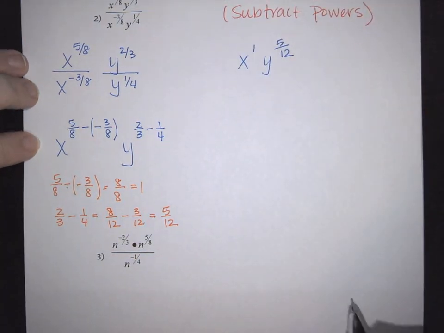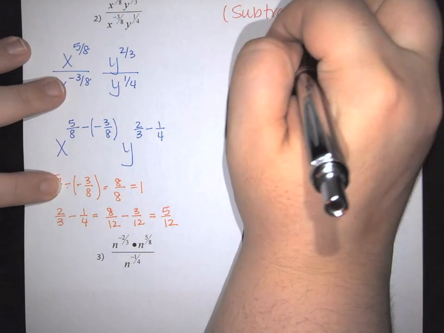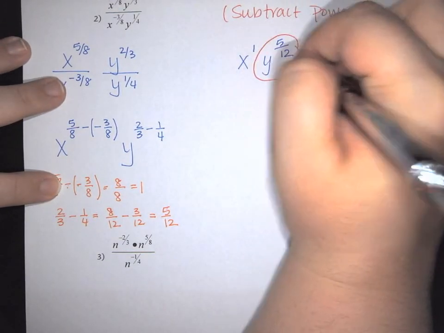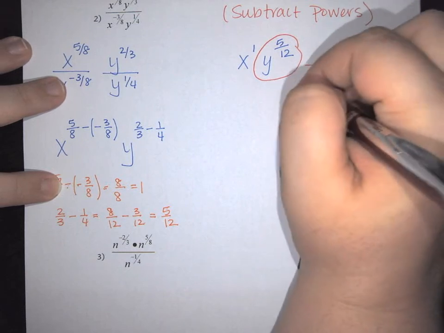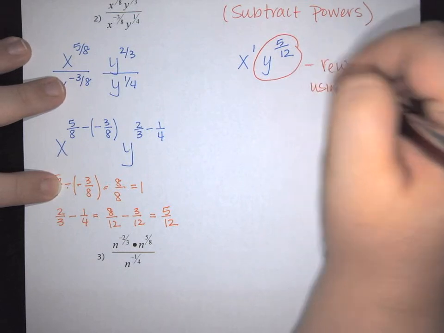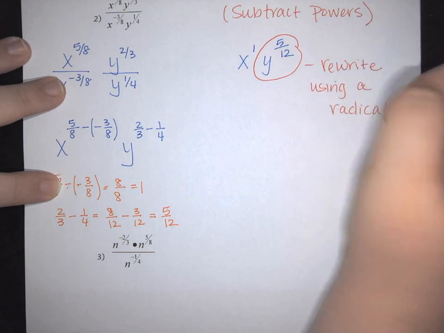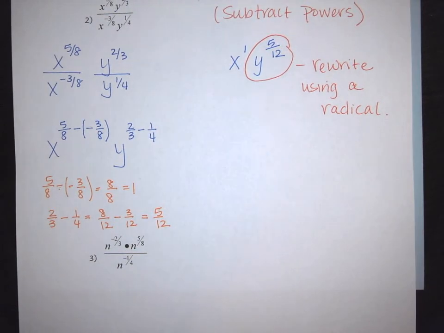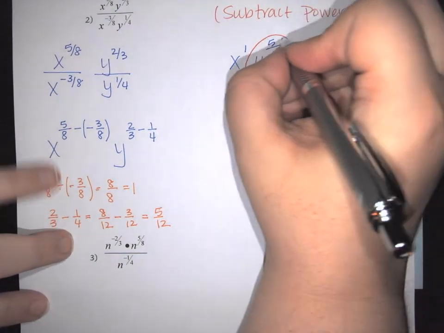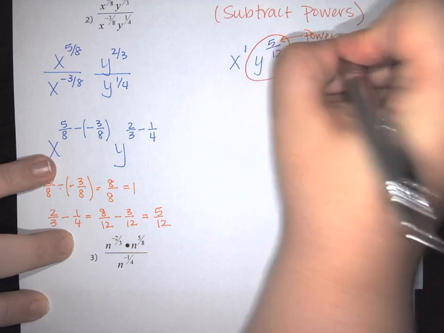Now with that, I have to use a radical, but I only have to do a radical on part of it. So this piece right here, I need to rewrite using a radical. And so here again, that means identifying the pieces. Just like before, my numerator here is going to be the power.